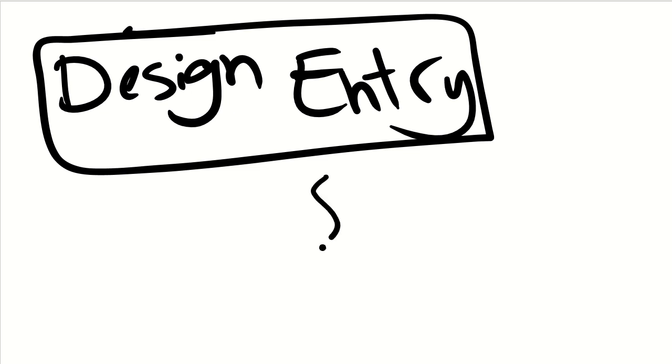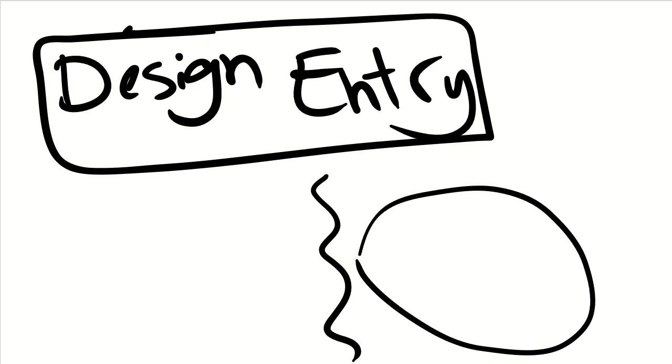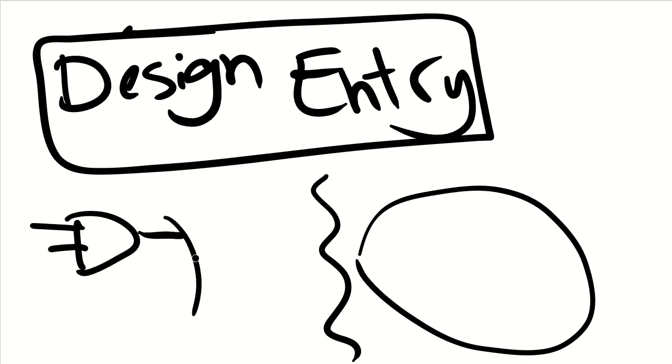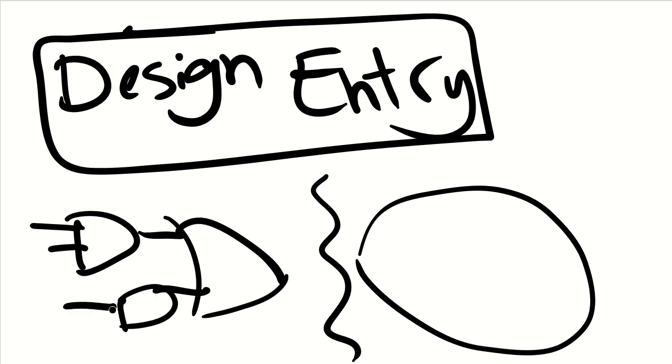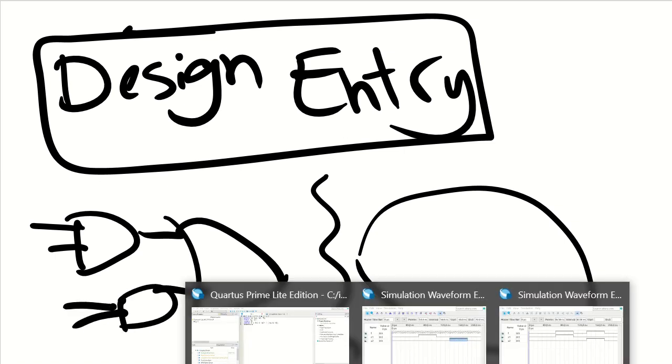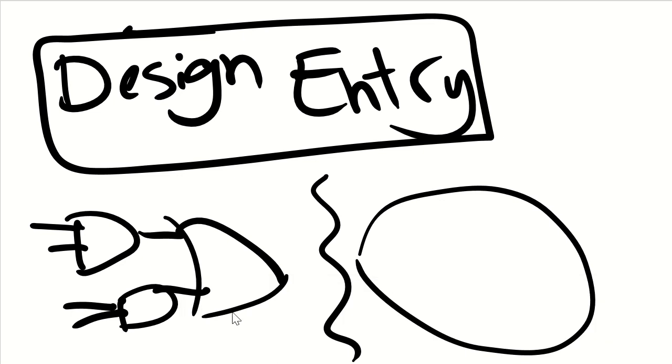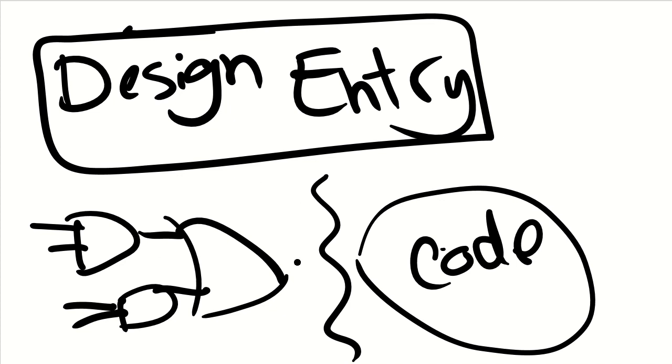So the code is one way. The other way is that you can just draw the schematic. You can say, okay, I want this going to that, going to that. So you either have to code it with Verilog or VHDL, or you can use a schematic diagram. That will be the first step, design entry.